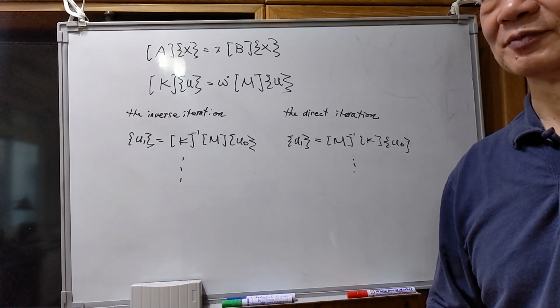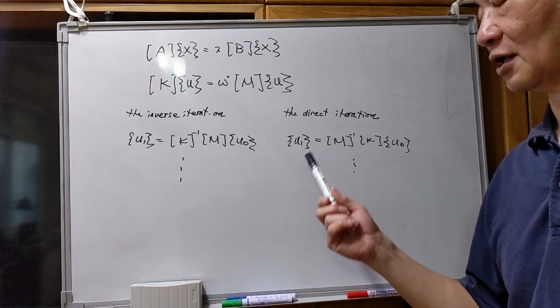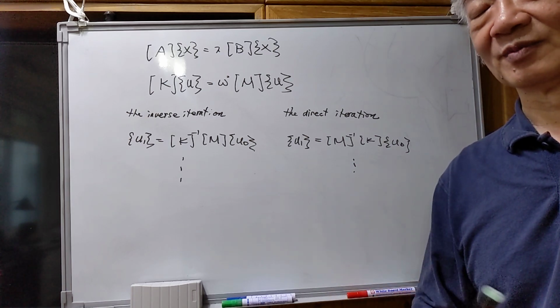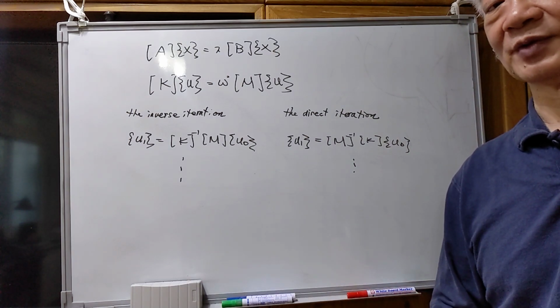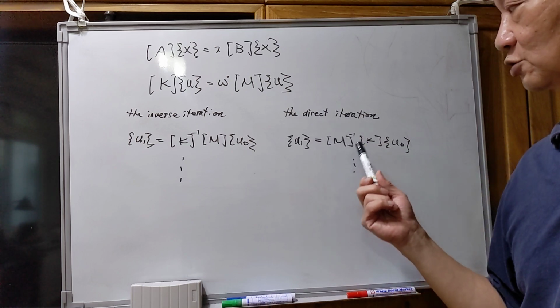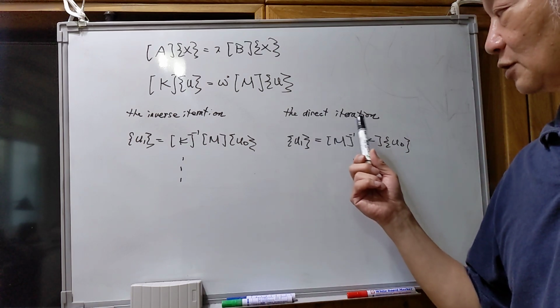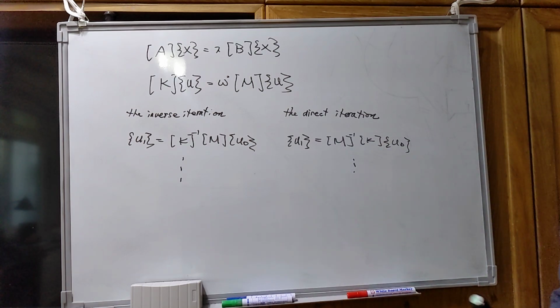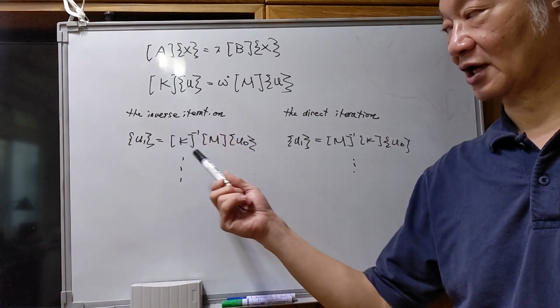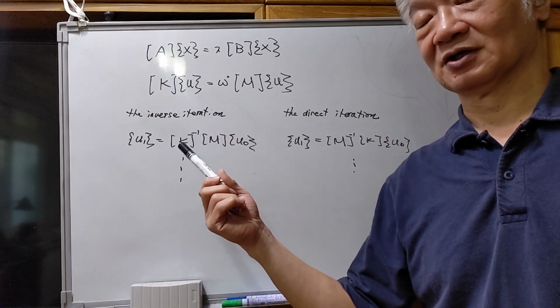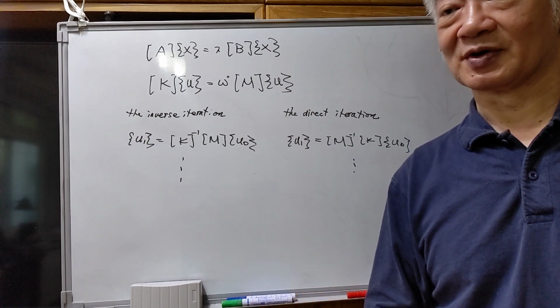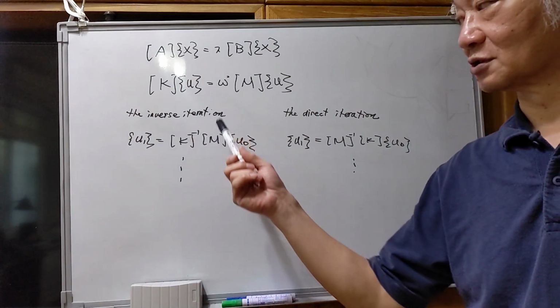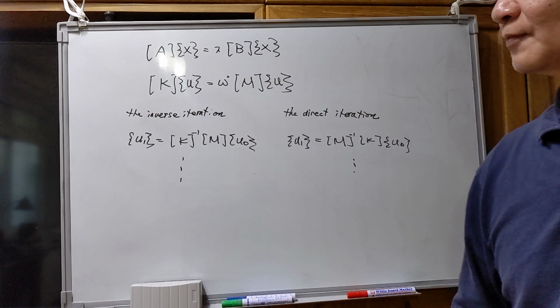If we use the lumped mass method, the M matrix will be the diagonal matrix. For the diagonal matrix, it is very easy to calculate the M inverse. But for the K, we need to spend much more efforts to get the K inverse.